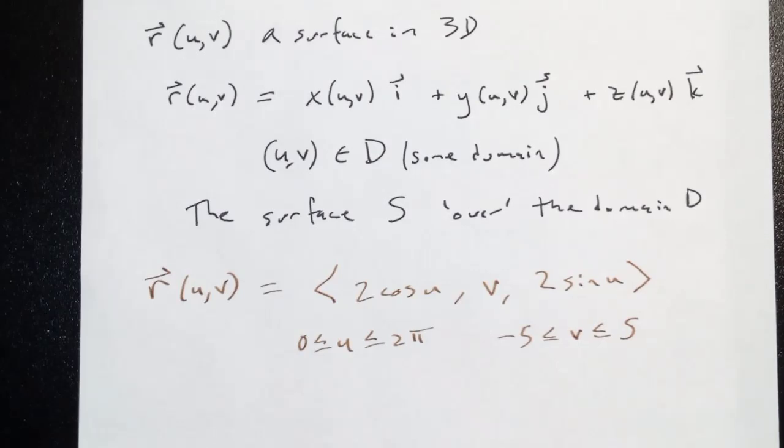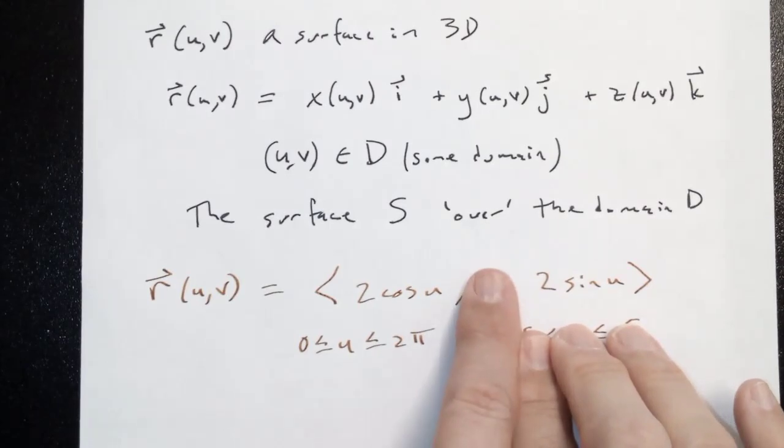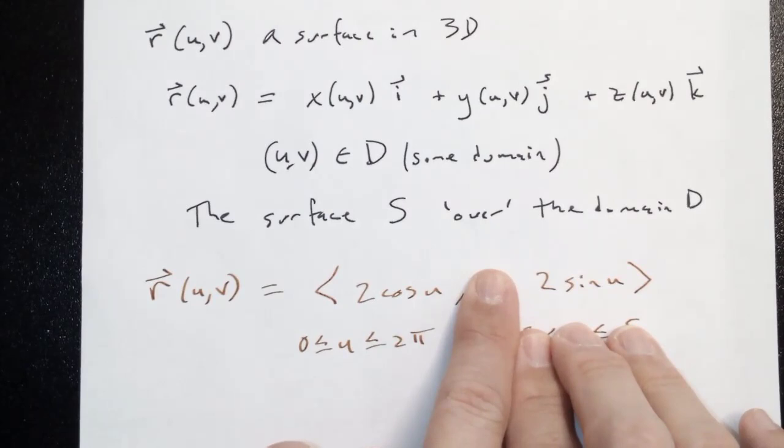Hang on a second. If I ignore V, what's that a parametric description of? Say again? A circle. A circle of radius 2 centered at the origin.